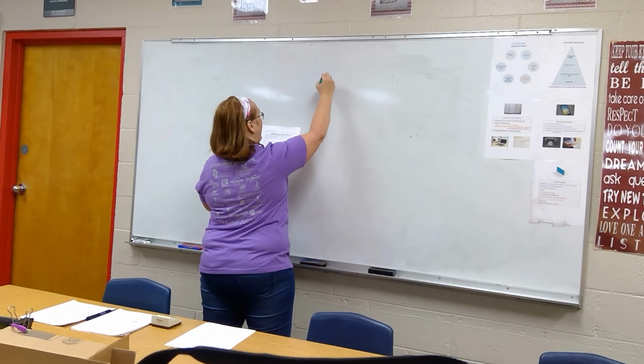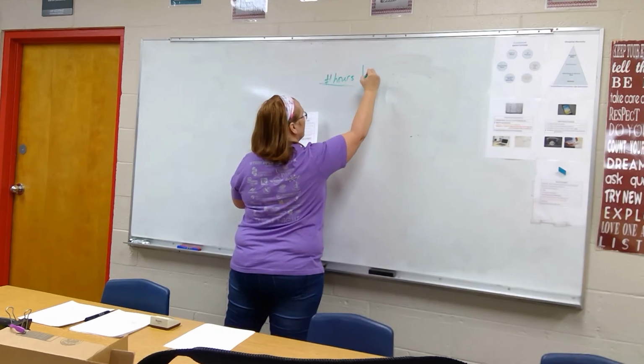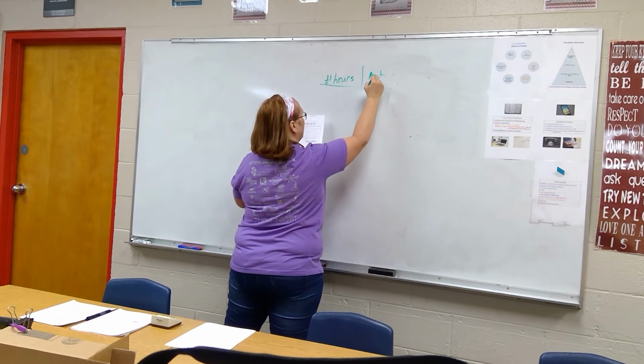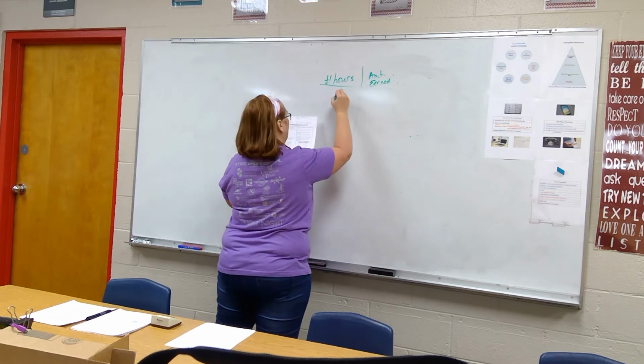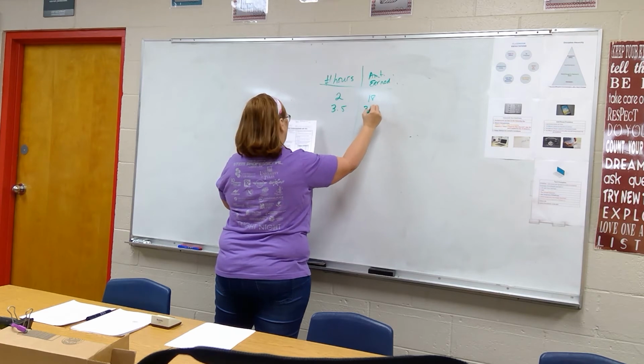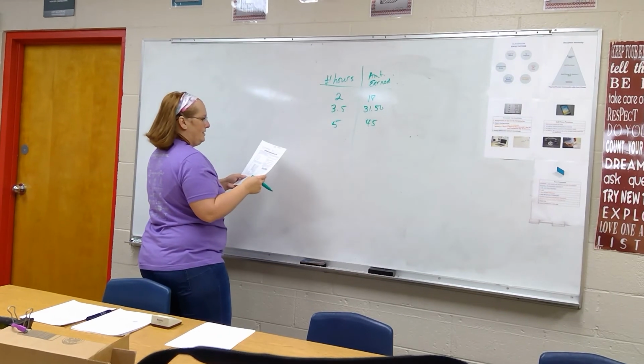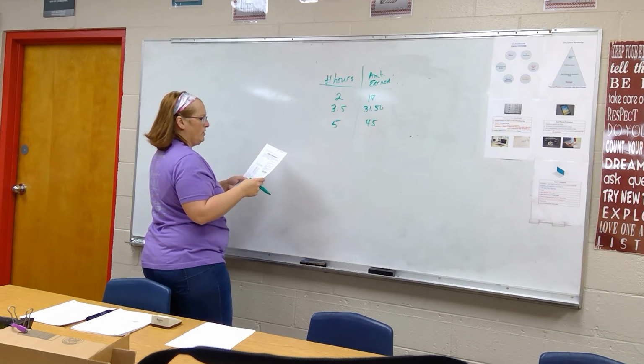you have your number of hours, amount earned: 2, 18, 3.5, 31.5, 5, 45. And it says the table below shows how much money Mr. Broussard spends on her babysitter.